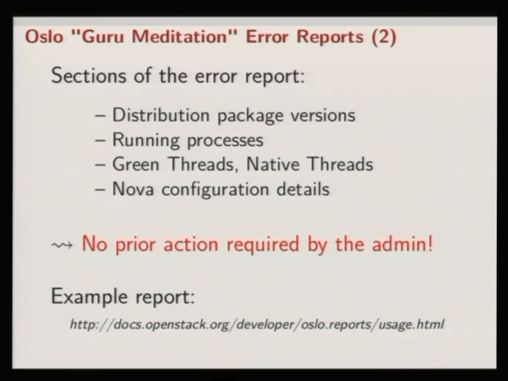So yeah, that's just a brief rundown of the kinds of things that you see in the Guru Meditation error report. There's a link at the bottom that shows what kinds of things it enumerates. The most useful thing is the configuration detail.